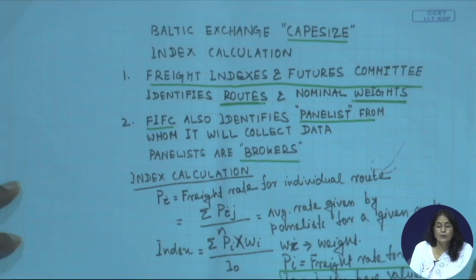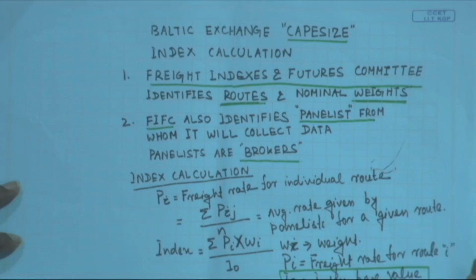A charterer who is interested in importing or exporting goods on a specific route may have information only with respect to that route. But an index is not calculated for a specific route; it is calculated by taking price information pertaining to all routes. That is the reason why the Baltic Exchange does not take any price information from the charterers or the shippers.